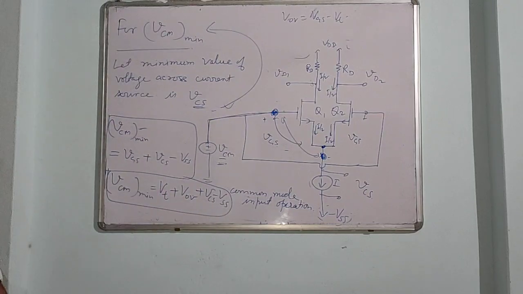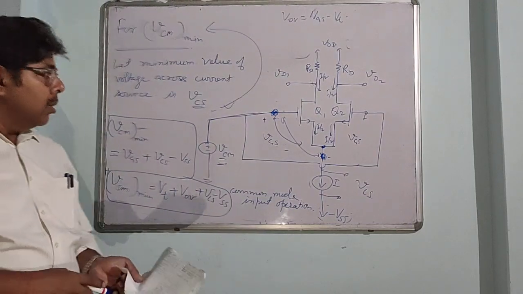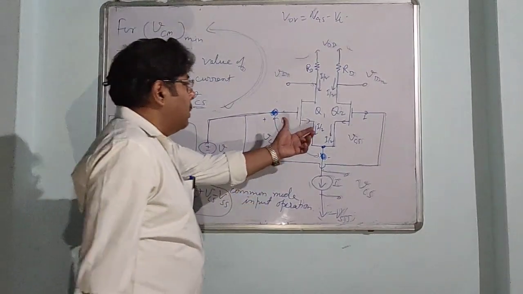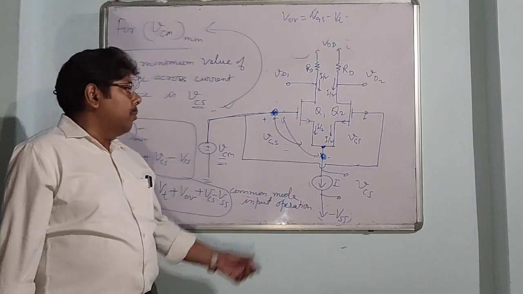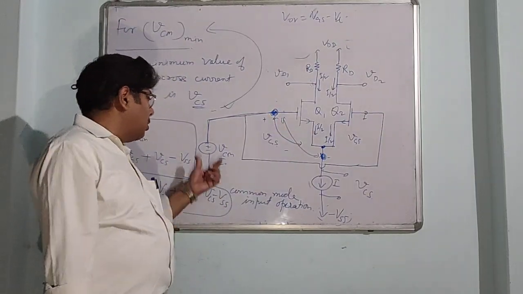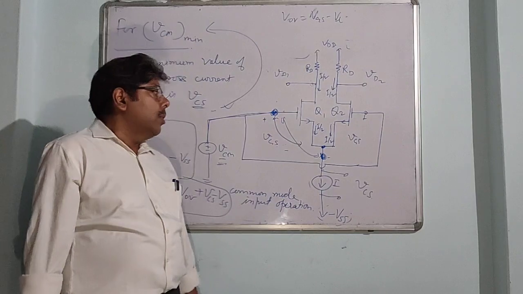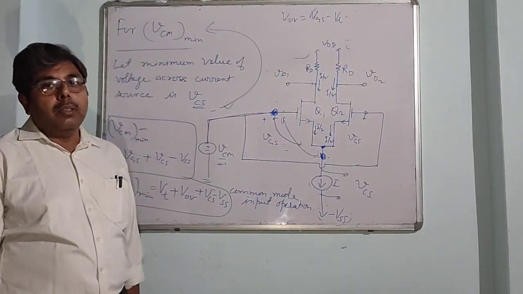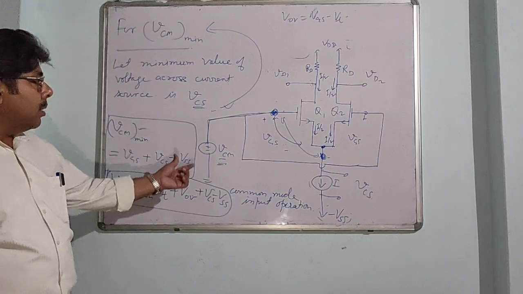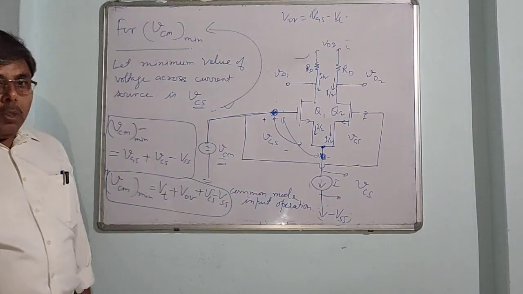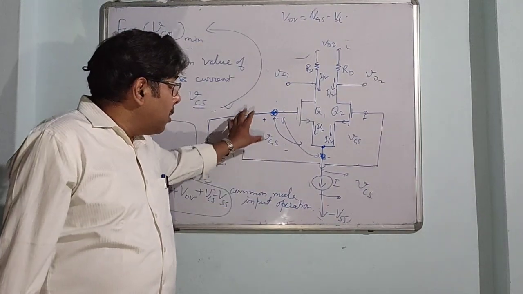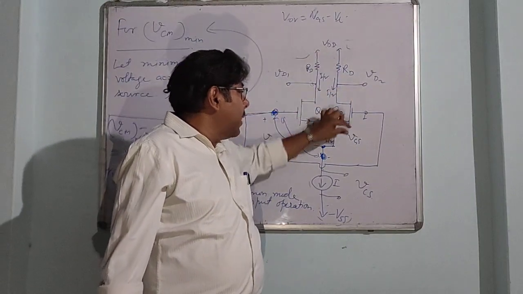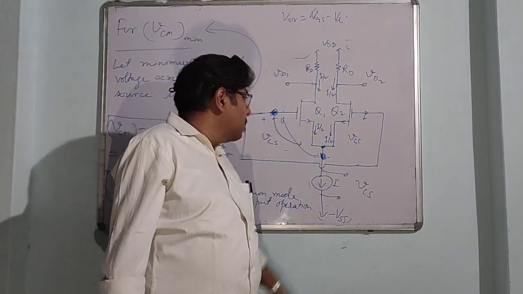So this is all about the operation of common mode input, how this MOSFET differential pair works for a common mode input signal. This is one part of the MOS differential pair, that is common mode operation. We have calculated all voltages and currents in drain and source.